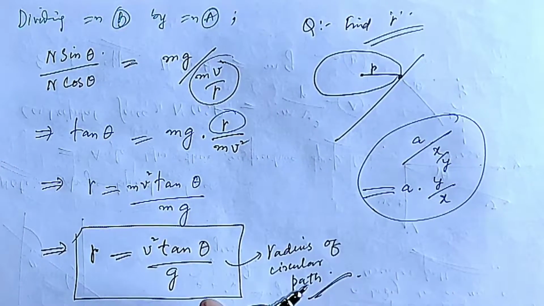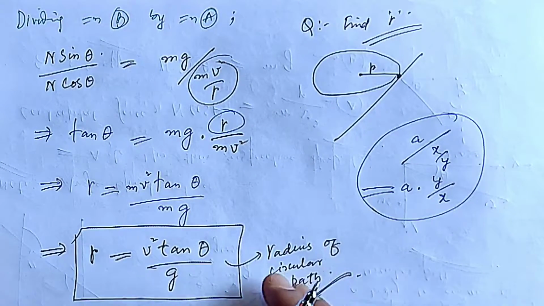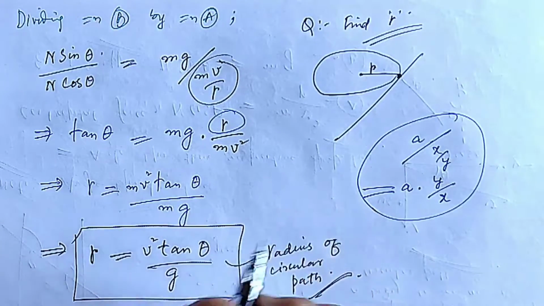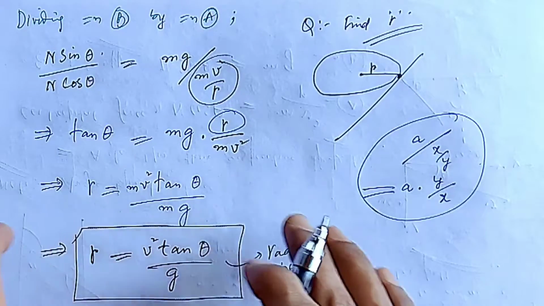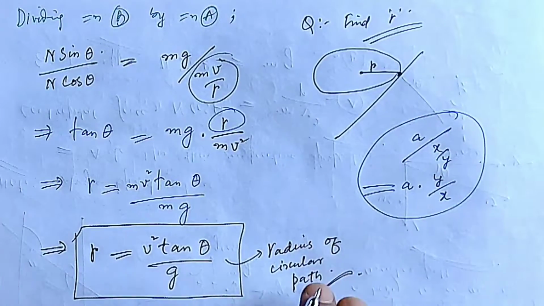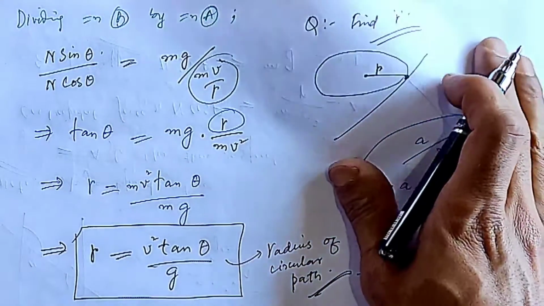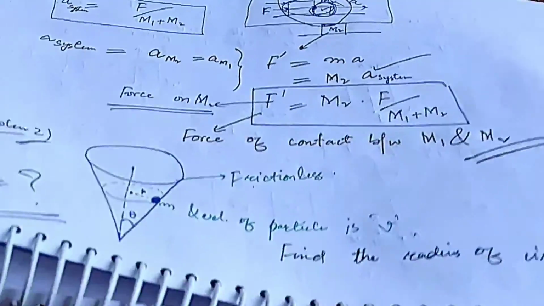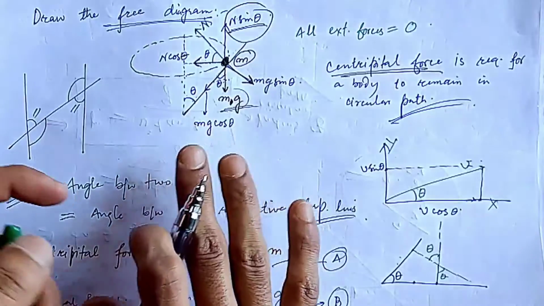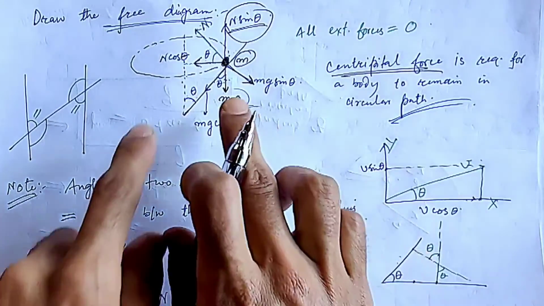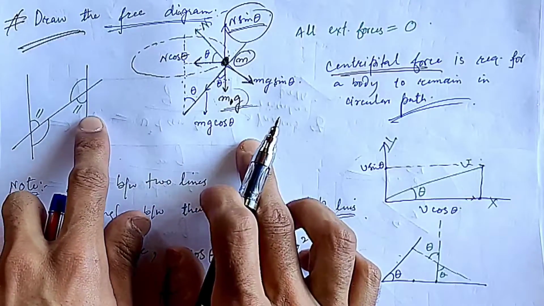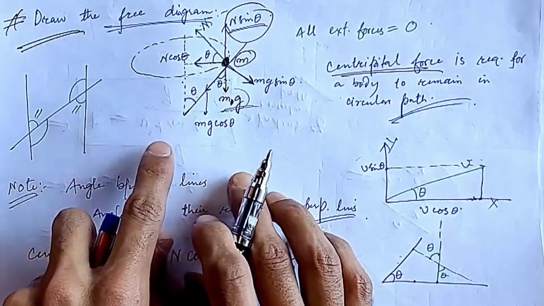I hope you have got it quite well. It has gone lengthy, but I am trying my level best to make you fully understand the nature of the forces in this particular example. What I mean to say is that first and foremost, try to understand the problem and draw the free body diagram, because drawing the free body diagram is the most compulsory and easiest way to tackle a problem.